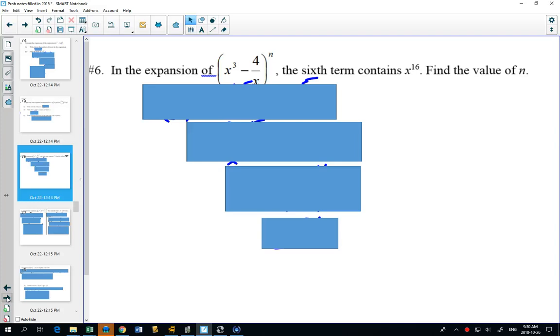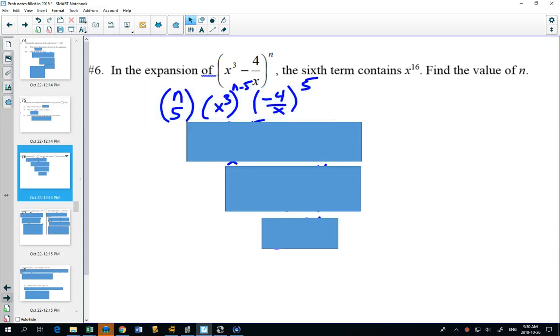We can set up our equation. What do we know? We know that we would have n choose 5 for the sixth term. You might even want to write term 6 equals here. x cubed to the n minus 5 and negative 4 over x to the 5.